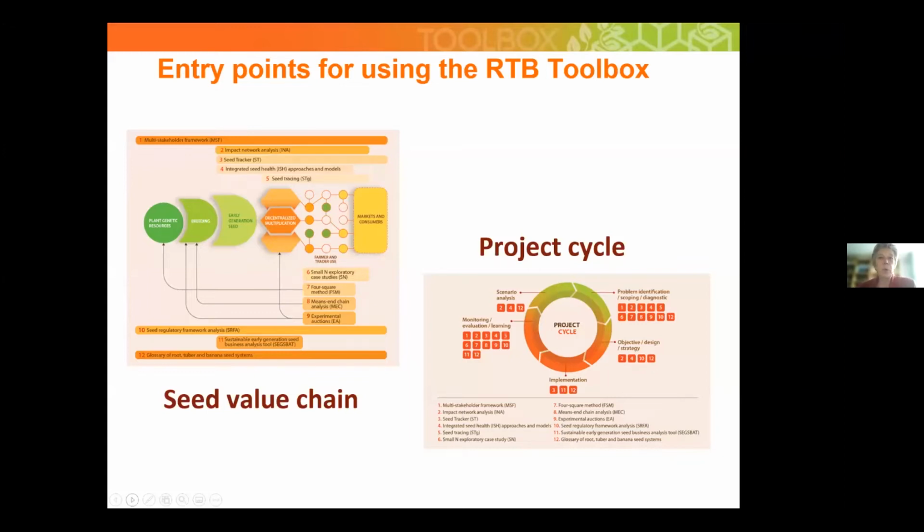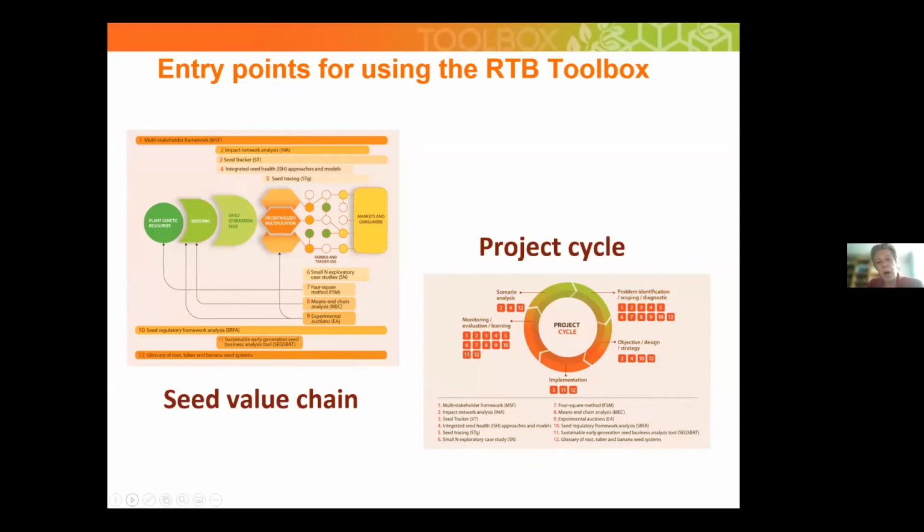Now, which one would suit you depends, of course, on your situation. If you are a researcher and you want to study a seed system, or you may have to come up with a diagnosis of bottlenecks in a particular seed system of a crop in a region, it's very likely that you will take the entry point, the seed value chain on the left.